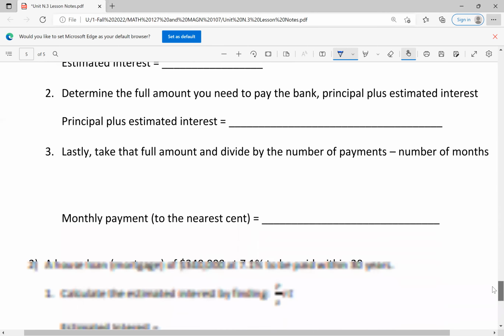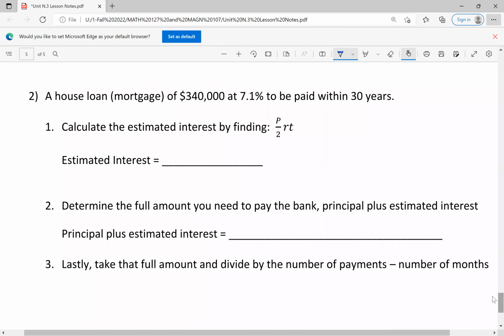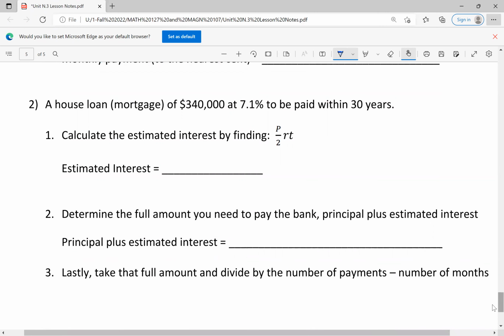And then the second practice problem is a house loan or a mortgage of $340,000 with an interest rate of 7.1%, and this needs to be paid back within 30 years. So I'm asking you to determine an estimated monthly payment for both of those situations, and good luck.